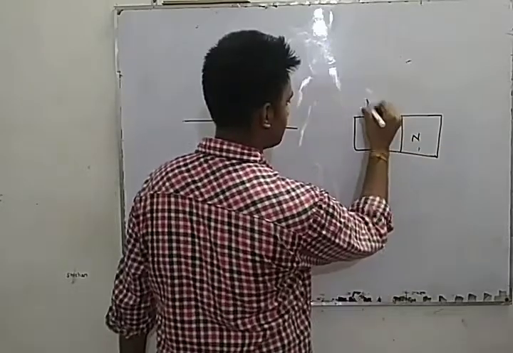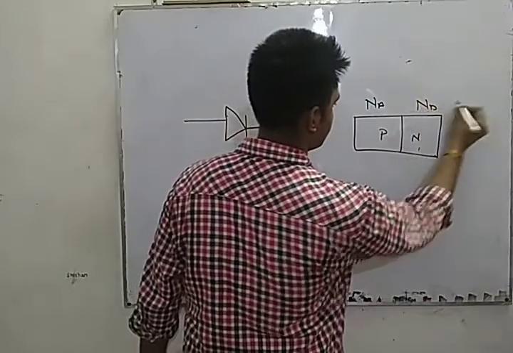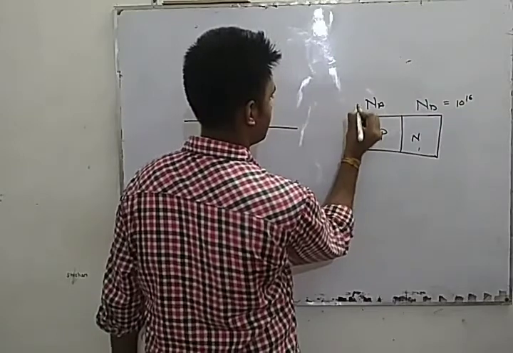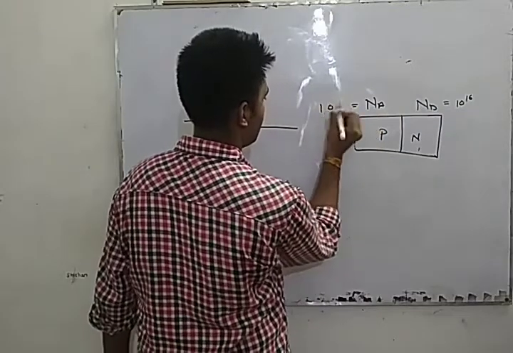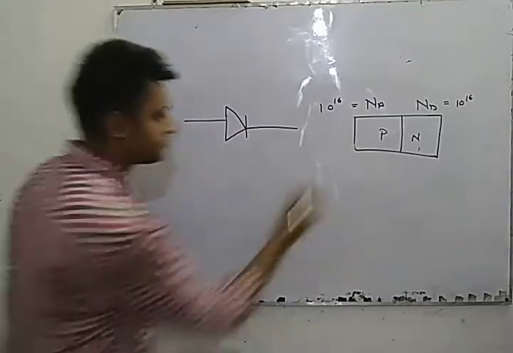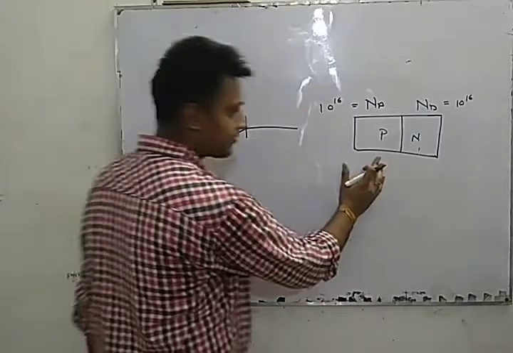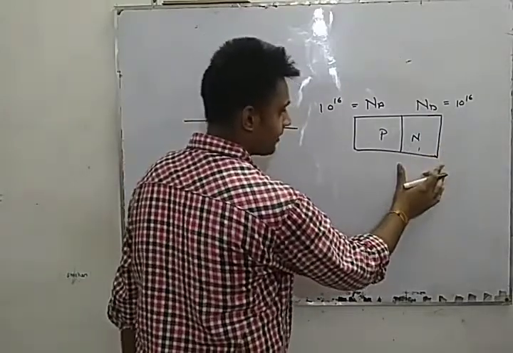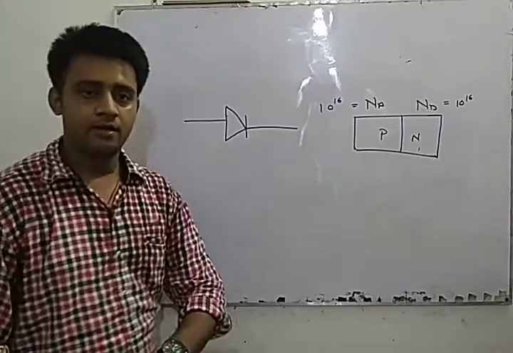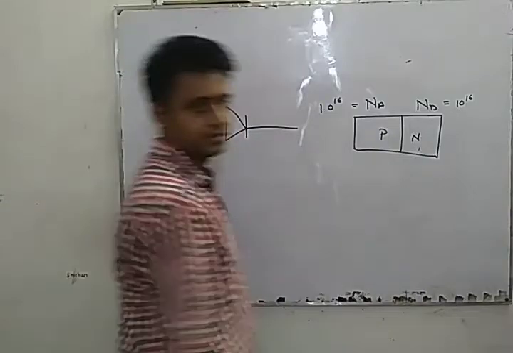Here Na and Nd are 10 to the power 16. So that is called a p-type semiconductor, and that is called an n-type semiconductor. When the two different semiconductors are combined, they form a junction that is known as the p-n junction.